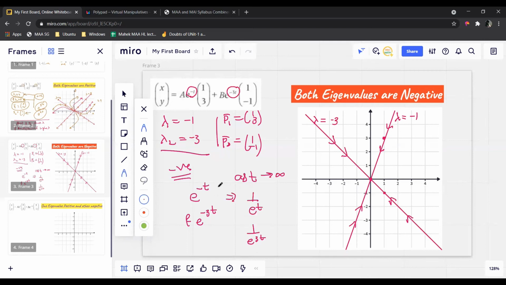Yes or no? Whichever lambda is higher, we have to move towards that value. So starting from -3, I'll go towards -1. I'll come parallel to the smaller value. It comes parallel to -3 and moves inside.